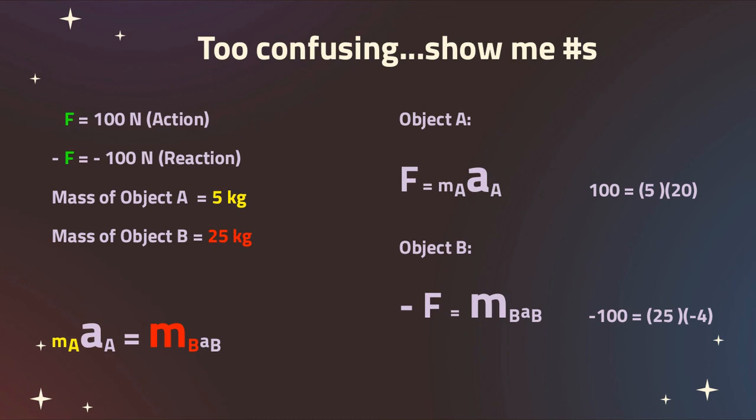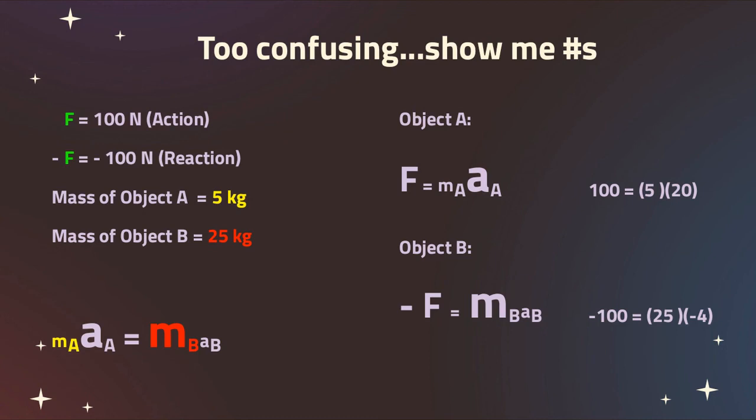Let's look at the right-hand side now with those plugged in. Our F values are the same exact size, same exact value of 100. If the mass of object A was 5, in order for us to be at 100, object A would accelerate at 20 meters per second squared, a greater acceleration. When we compare that to object B, it's still 100 for the force, but it's in the opposite direction, so it's a negative 100. The mass is 25 because mass can't ever be negative.